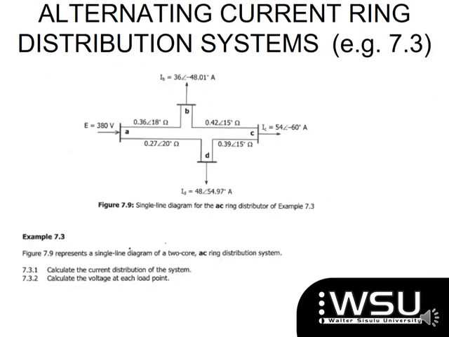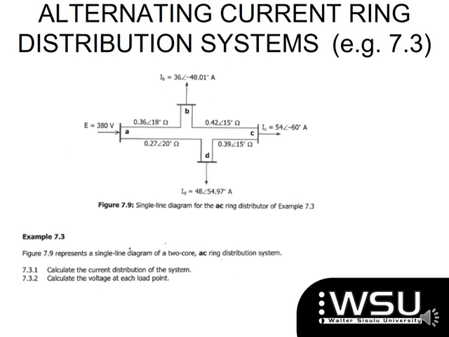So we're going to look at the actual examples that are in the book on AC systems. The first one shows you a system where you've got 3 loads and your supply point at 380 volts. They show you what your impedances are between all of your different nodes in the system.